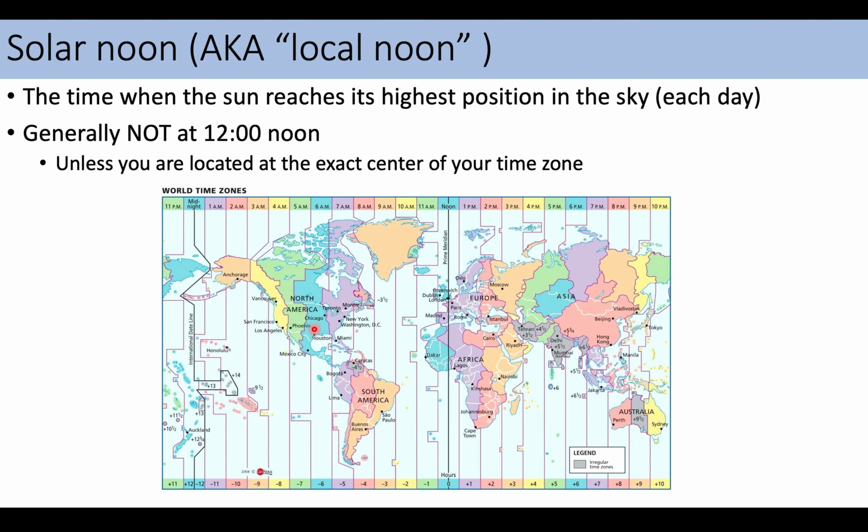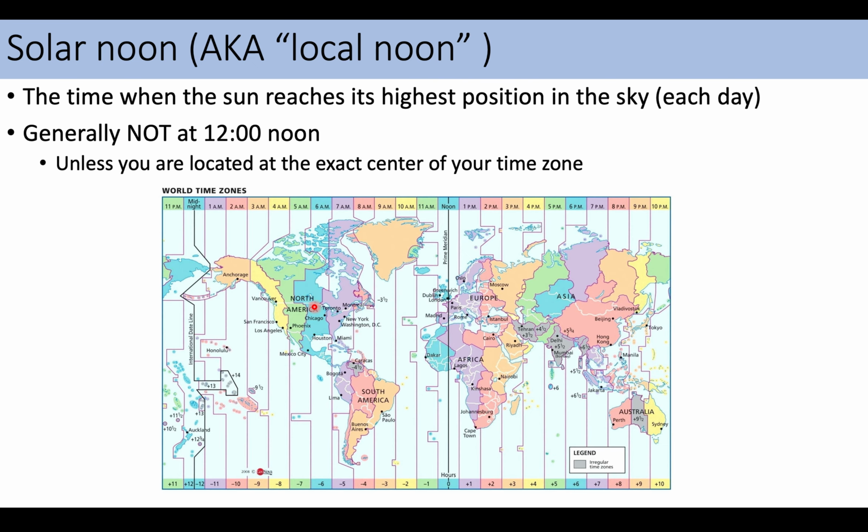If you are in the western side of the time zone, you won't see the sun in its highest position until after your watch says noon, because the sun at directly noon is going to be right here, the highest position in the sky. So at noon, it's going to be right in the center of the time zone.